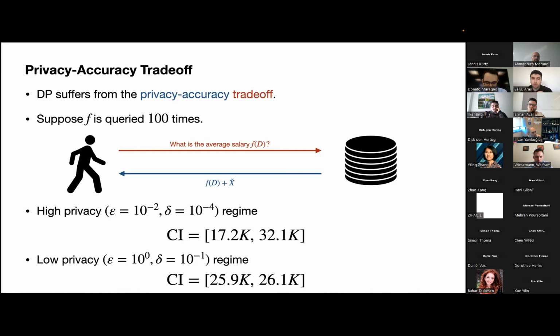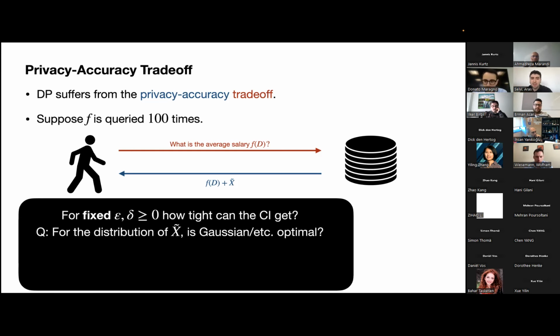But our main research question here is that if we fix one level of privacy, so if we fix epsilon and delta, how far can you push CI, the confidence interval, to get as tight as possible? Or is Gaussian distribution optimal, or analytic Gaussian optimal, or the truncated Laplace optimal?